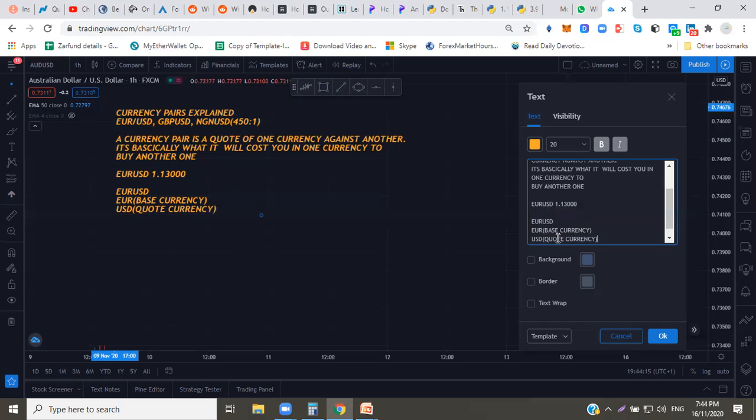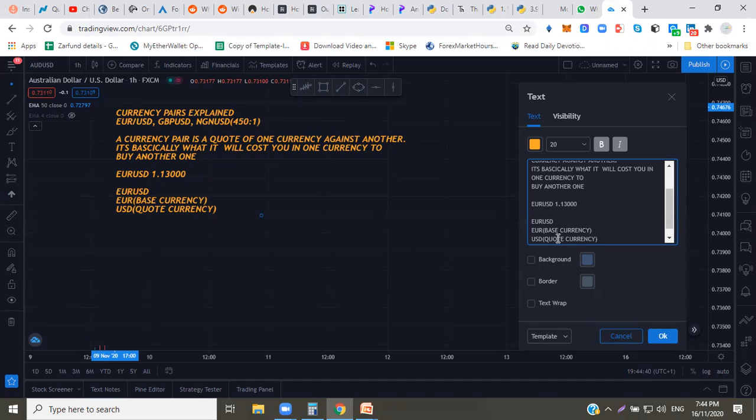So whenever you have a pair, the one on the left-hand side of the pair is what you call the base currency. Then the one on the right-hand side is what you call the quote currency. Do you understand that?